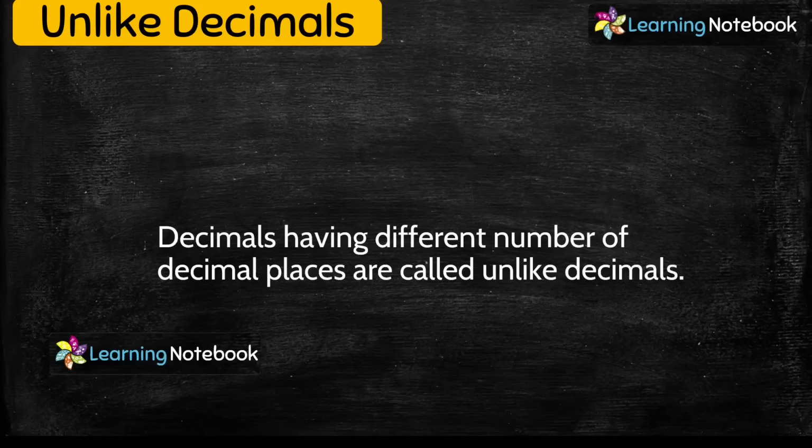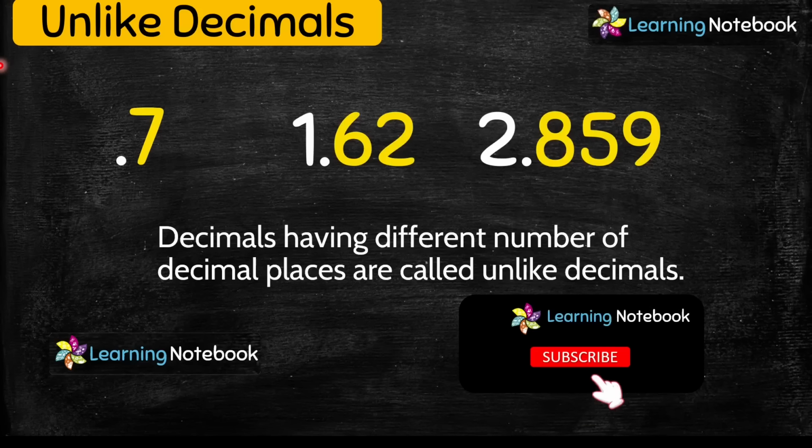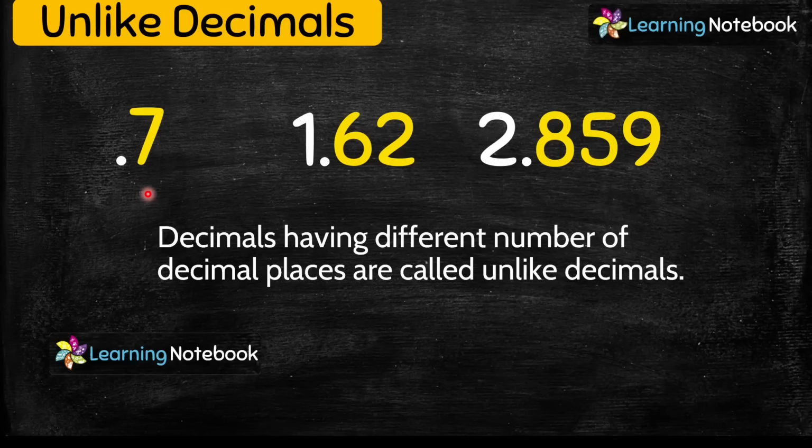Now what are unlike decimals? Decimals having different number of decimal places are called unlike decimals. Like here, all these 3 decimal numbers are unlike decimals because they have different number of decimal places.